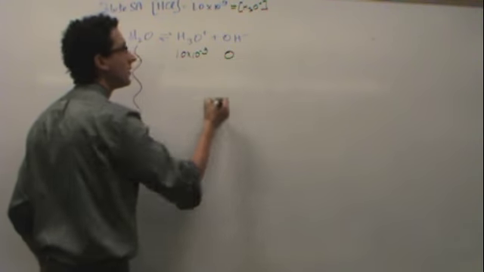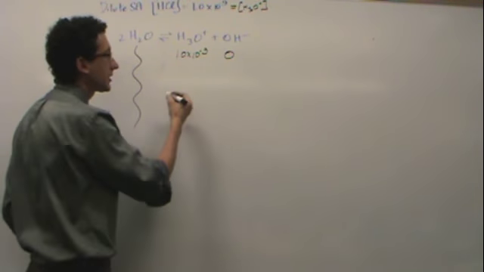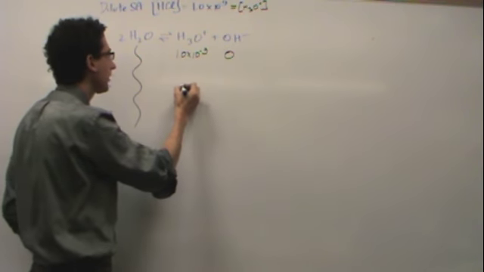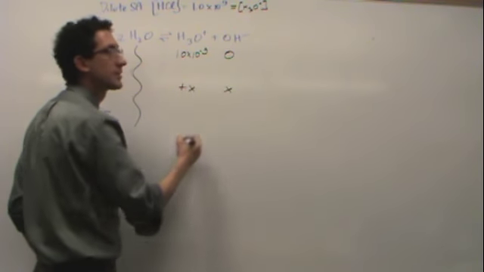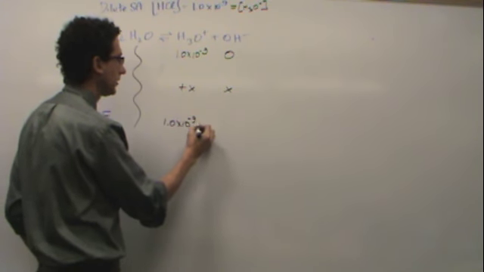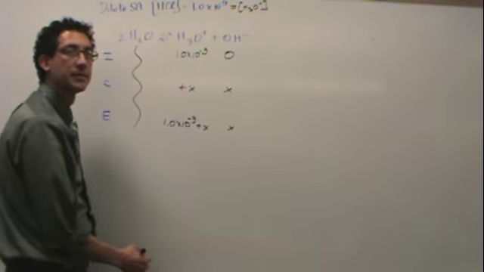Okay, so 0. Just like before, you're starting out with some of this, and we're shifting to the right, just like all of our other problems, plus x, x. And then you go 1.0 times 10 to the minus 9 plus x, x.